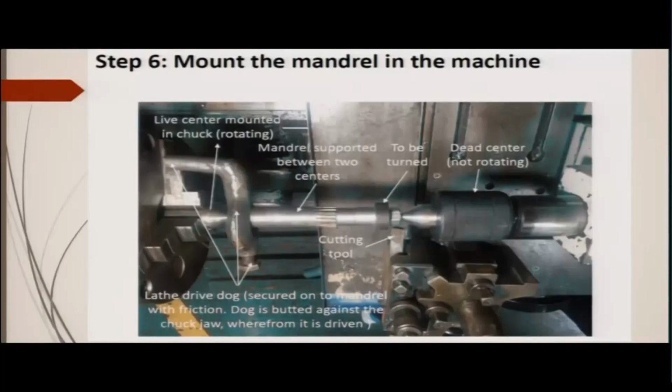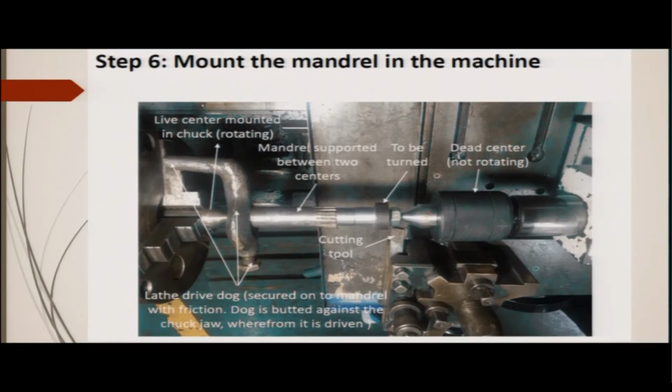Here you can see that this is the mandrel, this is the gear to be turned, and here is the dead center, which does not rotate, on the tailstock, and the mandrel is held in the 3-jaw chuck.